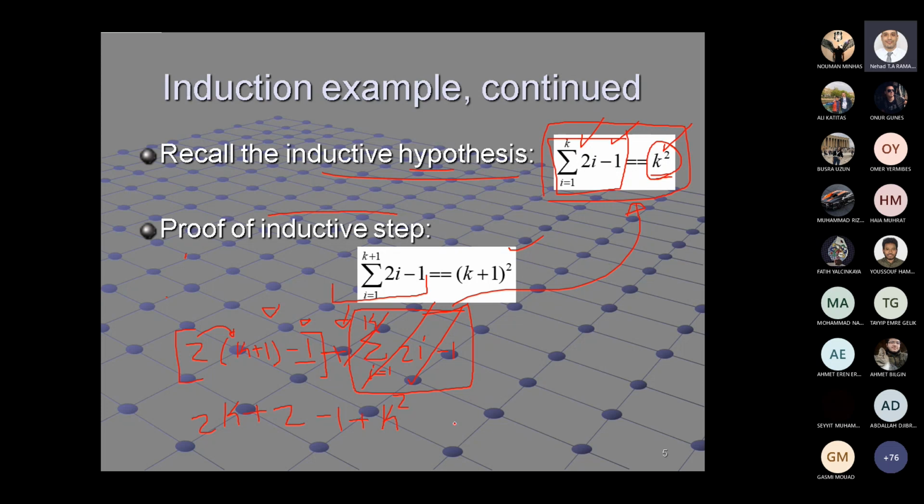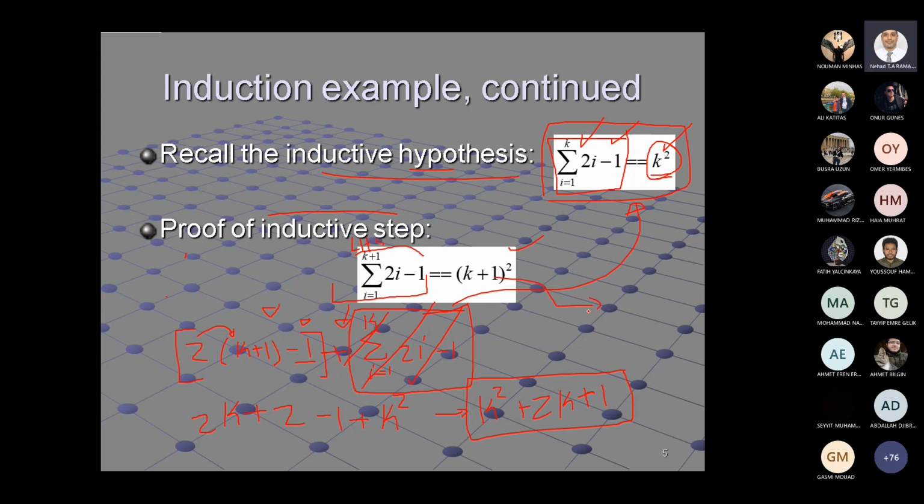So let's reorder it. It's k to power 2 plus 2k, 2 minus 1 it's 1, so plus 1. So this is the left hand side.